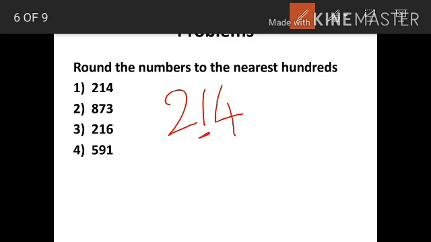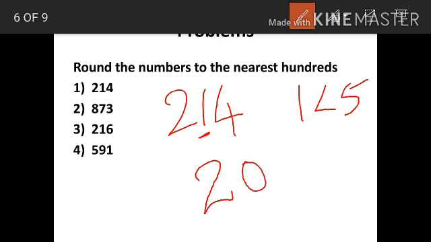So, we know that 1 is less than 5. So, we will keep the digit at hundreds place as itself. So, we will give 2 as itself and put 0 in tens and ones place. So, when we are rounding off 214, we will get the answer as 200.